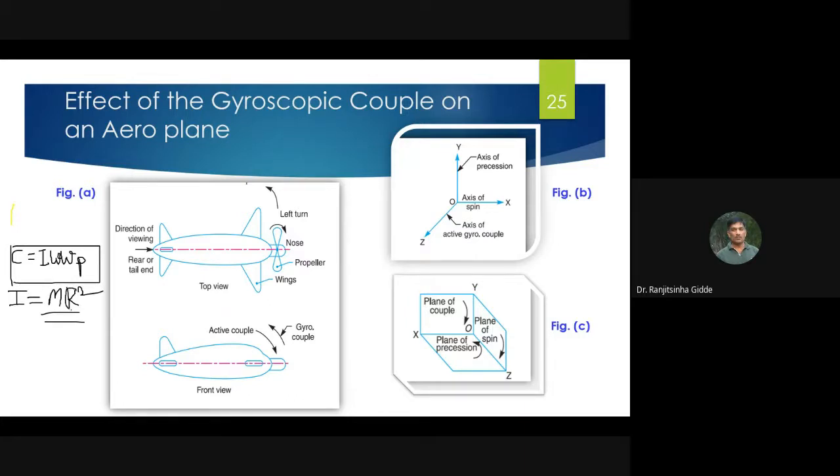This k is small. Next line you can write m is equal to mass of the engine and propeller in kg.